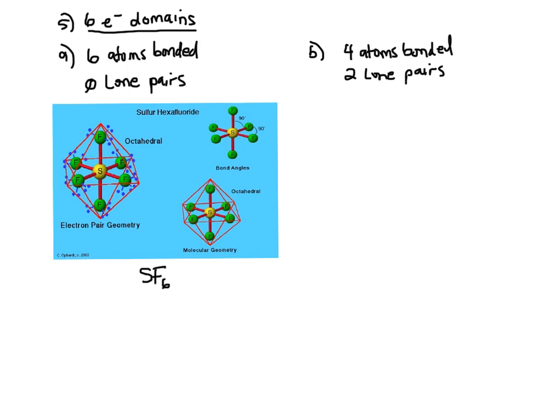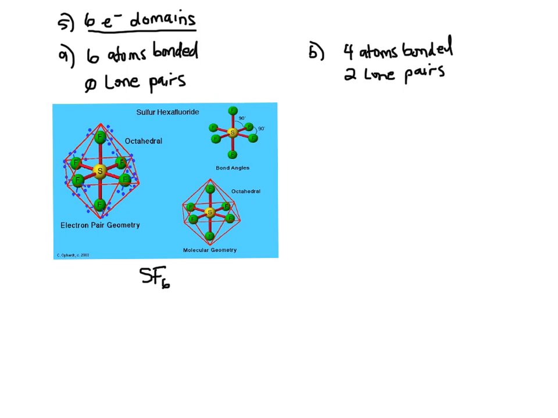You may know or have heard of sulfur hexafluoride, just on a little side note. It's the gas that when you inhale it, it actually makes your voice go really, really low because it's super dense. You may have seen videos of people doing that. Anyway, this is sulfur hexafluoride. And you'll notice again, sulfur is your central atom in this example.